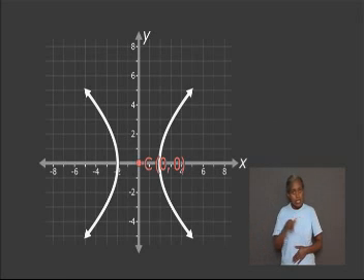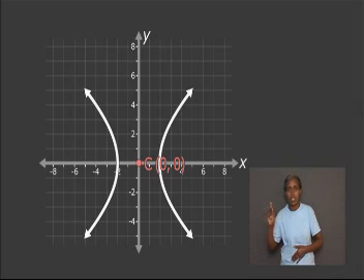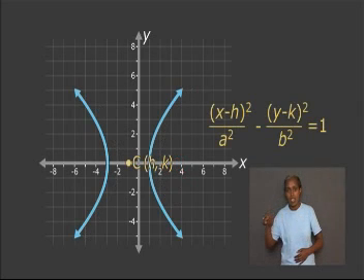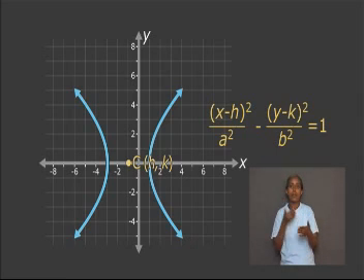Similar to the other conic sections we have studied, a horizontal hyperbola with a center at h, k rather than 0, 0, and whose axis is parallel to the x-axis has this equation: x minus h squared over a squared minus y minus k squared over b squared equals 1.